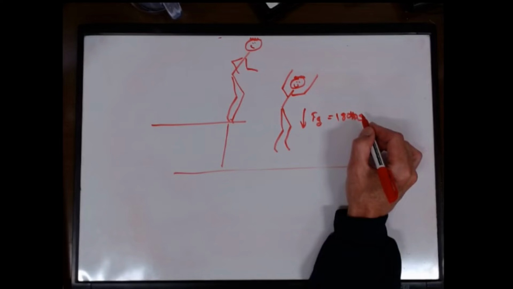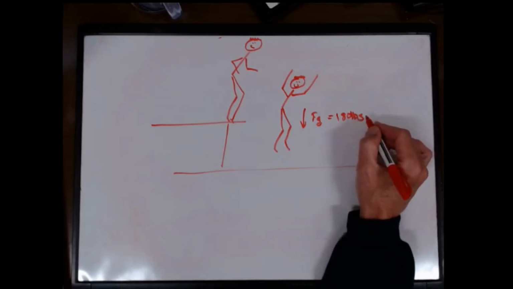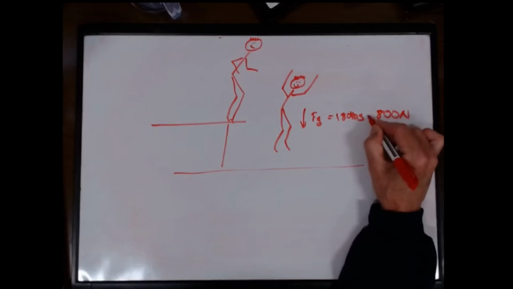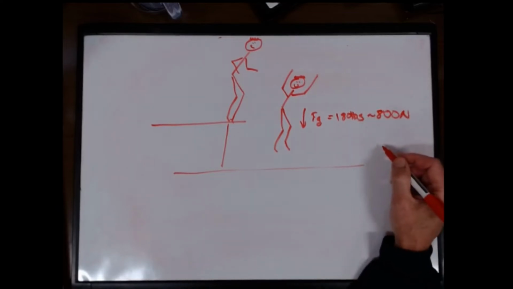And so if I were to convert that into newtons, it would be about 800 newtons, something like that, I think we did this already. And that would mean that I can figure out what my acceleration is, right?